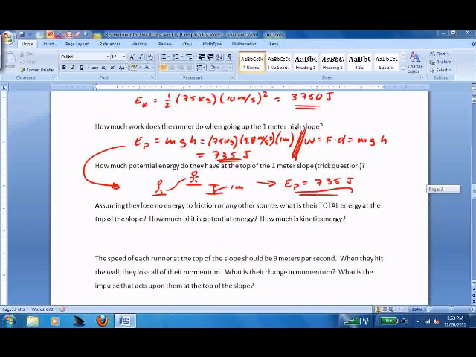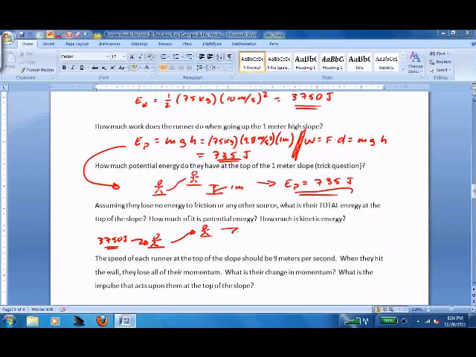So they lost no energy to friction or any other source. What's their total energy at the top of the slope? Well, due to the law of conservation of energy, whatever energy they had down here as they run up the slope, they should have the same energy. It's not lost due to friction. It can't just vanish. And down at the bottom, they had 3,750 joules, and it was all kinetic.